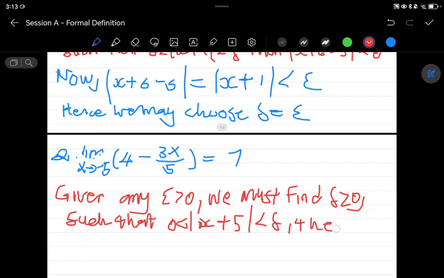Then the absolute value of 4 minus 3x over 5 minus 7 will be less than epsilon.